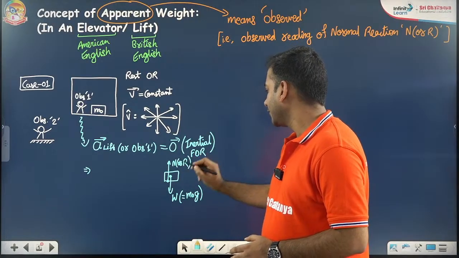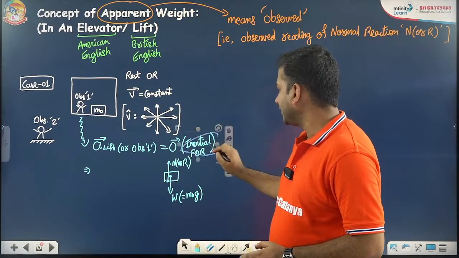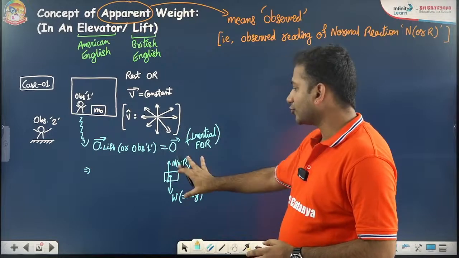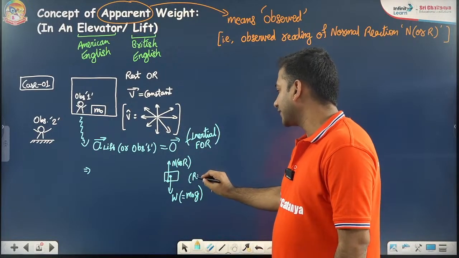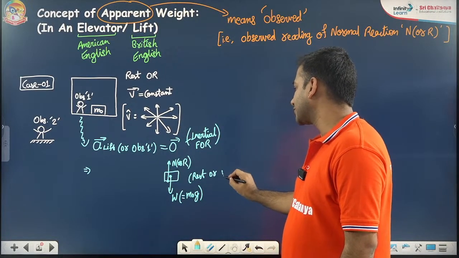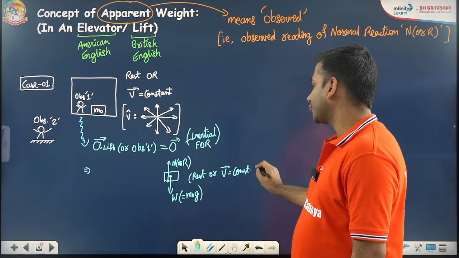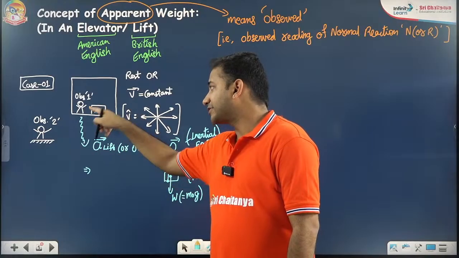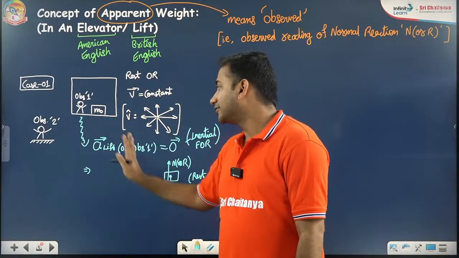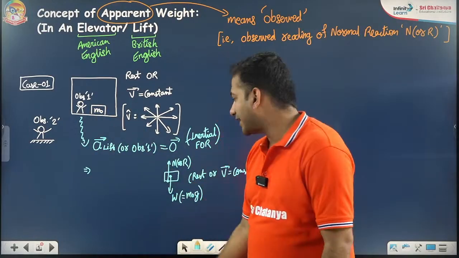Since it is not moving anywhere, it is at rest or at constant V. If it is at rest or at constant V, the acceleration is observed to be 0. The observer is not accelerated, and the block is also not observed to be accelerated.